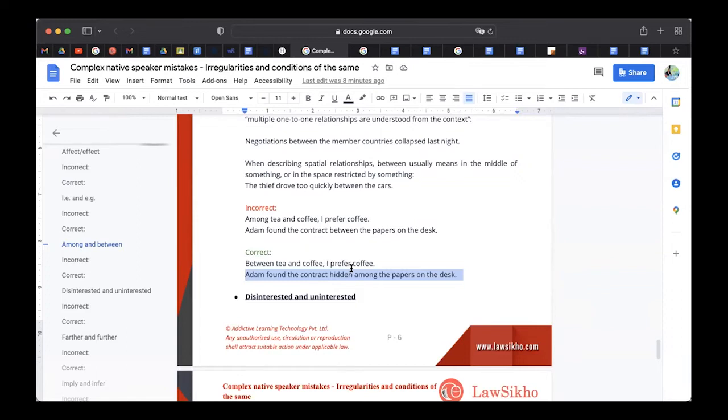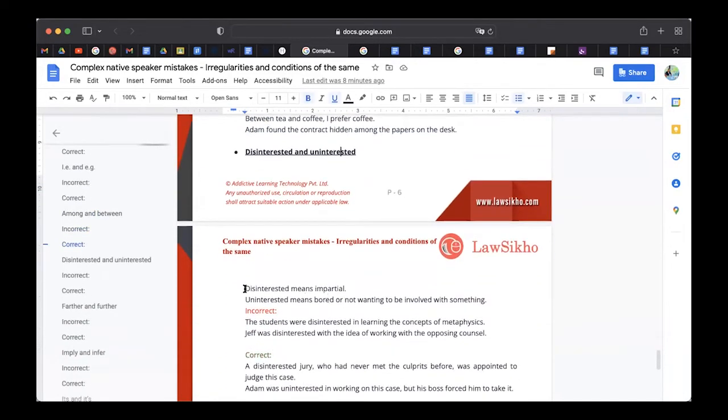Okay, great. I am going to break these two words down. Number one, they are not synonyms. You cannot interchange them. They both mean completely different things. The first word, disinterested, means impartial. That means you're unbiased. You are not going to take any side.